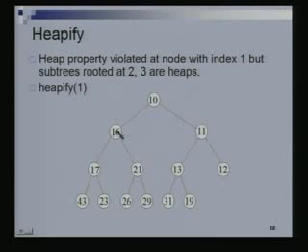So the heap property is now valid at this node. But is the heap property valid at this node, because we also changed the content of this node? It is, because now when I look at the two children of this, they are 23 and 43, both of which have priority higher than 17, and so the heap property is valid here. And so now this entire thing is a heap, because the heap property is now valid at every node in this tree.